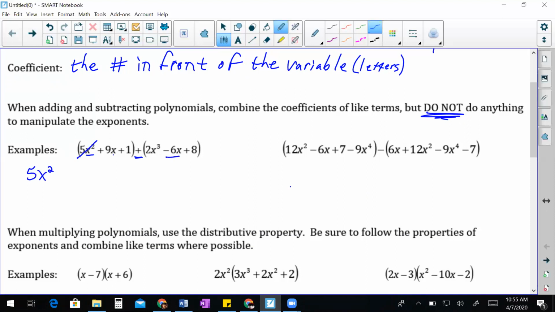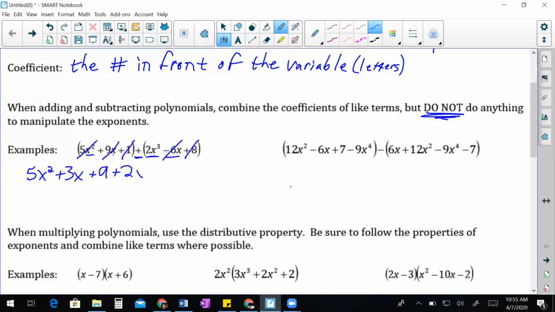So positive 9x minus 6x gives us a positive 3x. So those are done. 1. That's just a constant. It has no x's. Do I have any other constants? Yeah, 8. So 1 plus 8 is 9. I'm done with that. Do I have anything else I haven't added yet? Yeah, right here. 2x cubed. I have nothing else I can combine that with, so we're just going to carry it down.